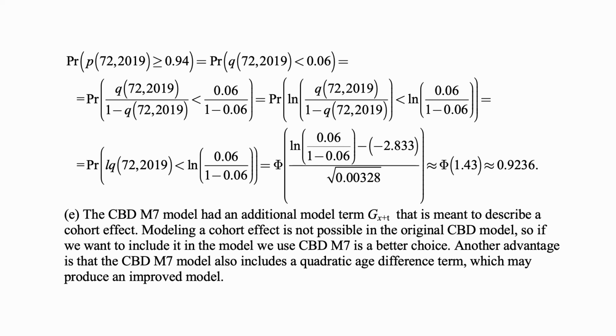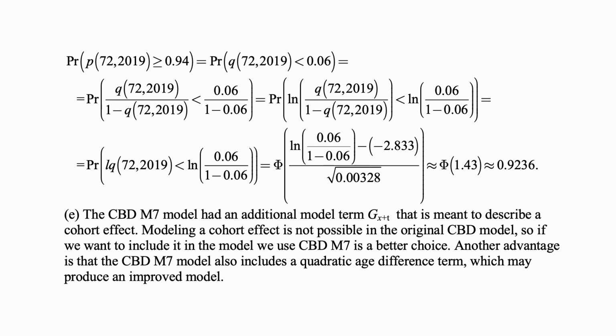This is the probability that LQ of 72 2019 is less than ln of 0.06 over 1 minus 0.06. Now, we know that this random variable follows the normal distribution, so this has got to be phi of ln of 0.06 over 1 minus 0.06 minus the mean, which is negative 2.833, divided by the standard deviation, which is the square root of 0.00328.